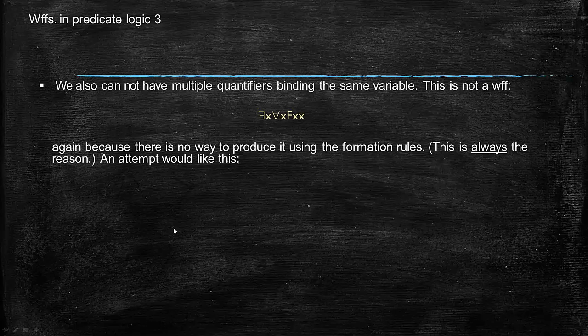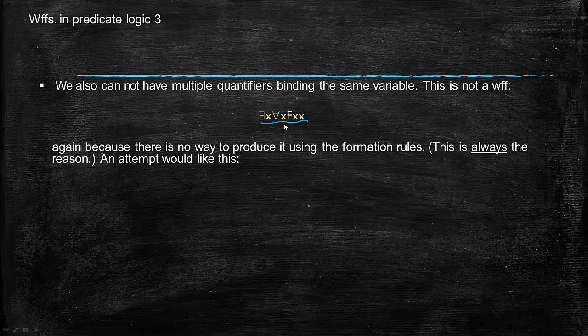So we also cannot have multiple quantifiers binding the same variable. I'm not sure your intuitions are so good at this point that you could see that this is not a woof: there exists an X for all X, FXX. Now that is not a woof. At an intuitive level, you'd say, well, gee, which X goes with which quantifier?